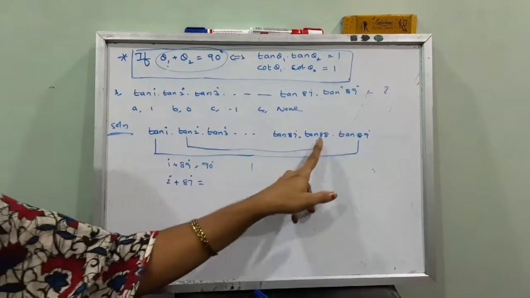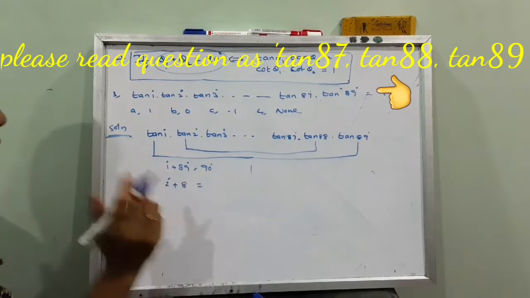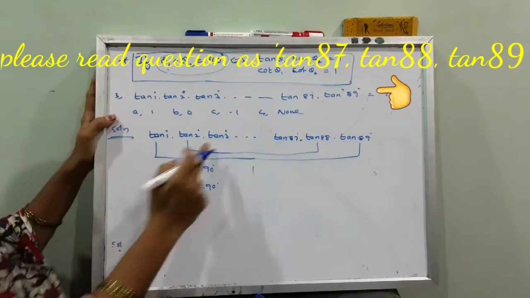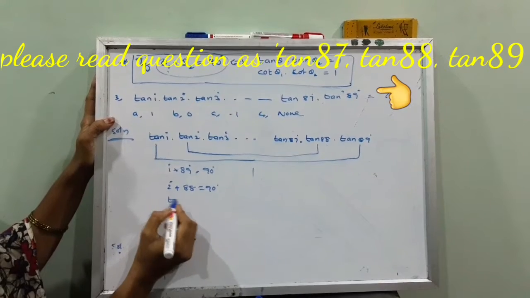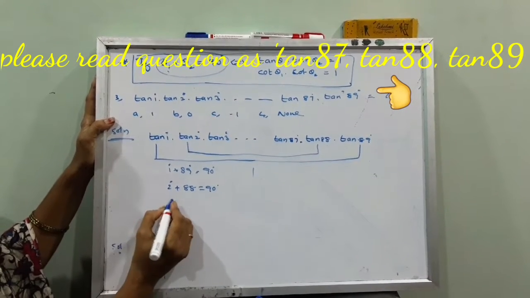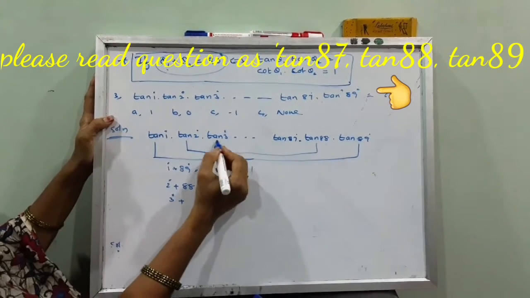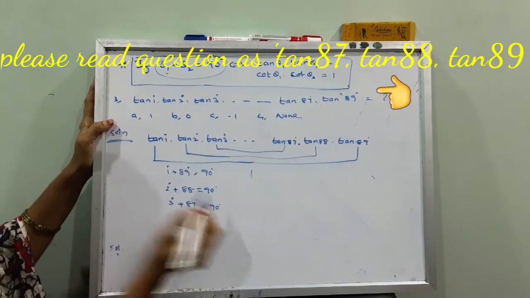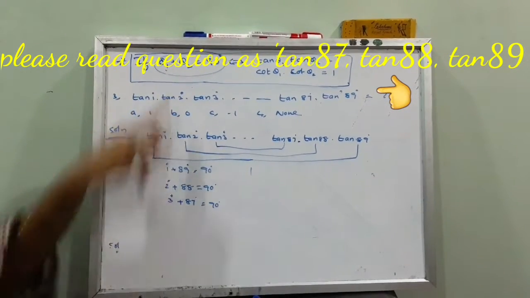Next, tan 2 into tan 88, 2 plus 88 which is 90 degrees. Next, from the third ratio, tan 3 degree, 3 plus 87 is also 90. So the condition is satisfied here.